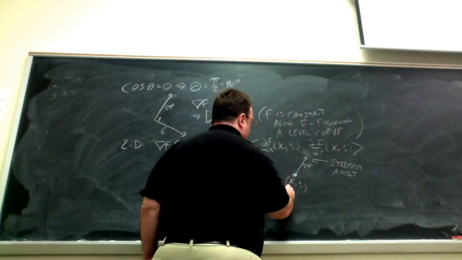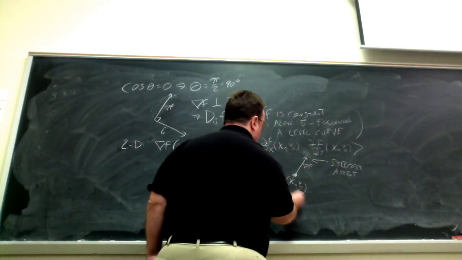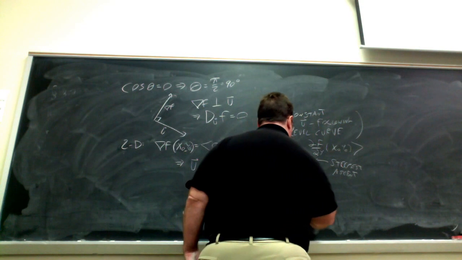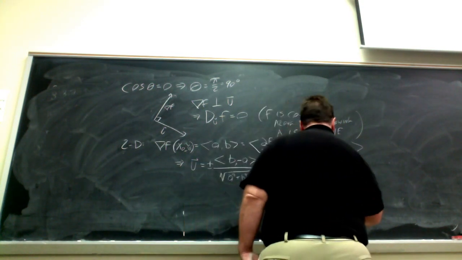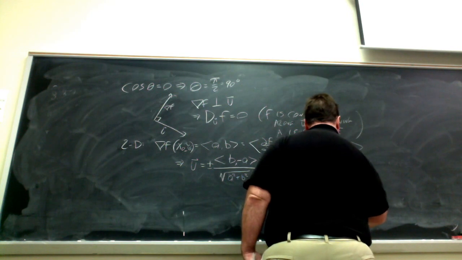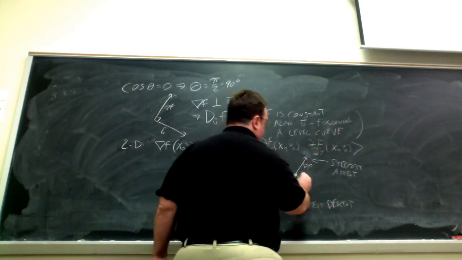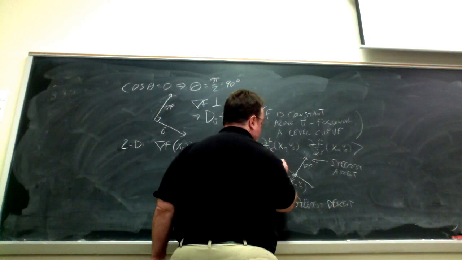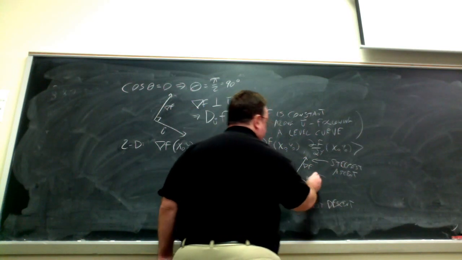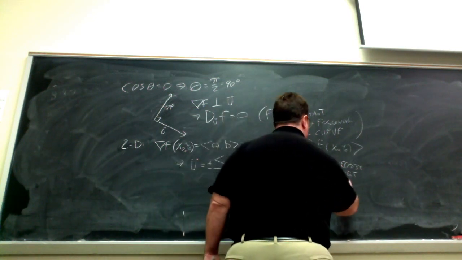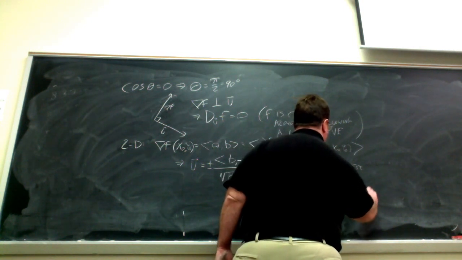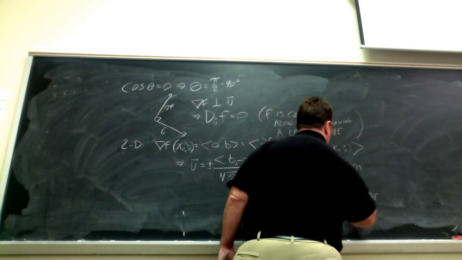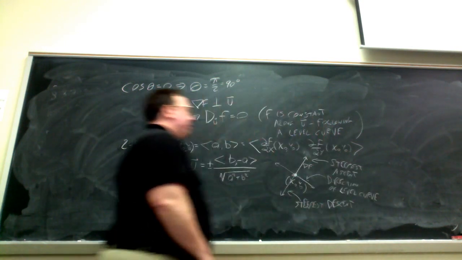The opposite direction is steepest descent. And then the perpendicular directions, we have two of them. This is the direction of whatever level curve is passing through that point.